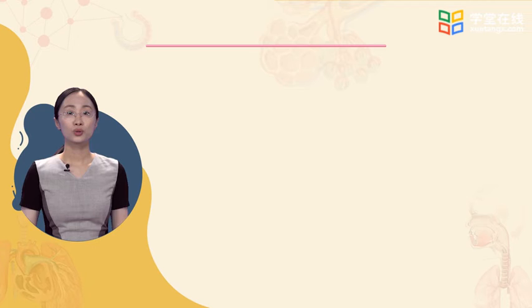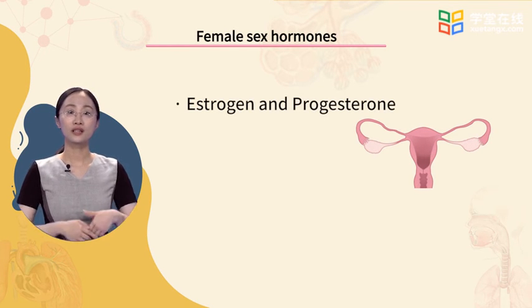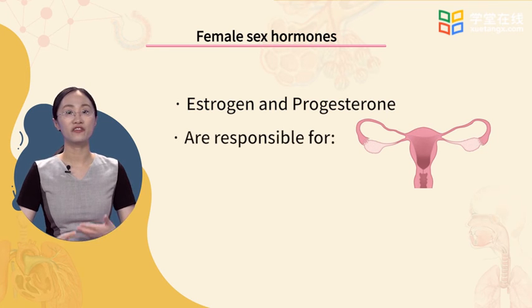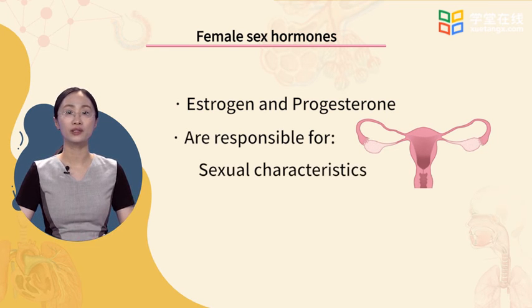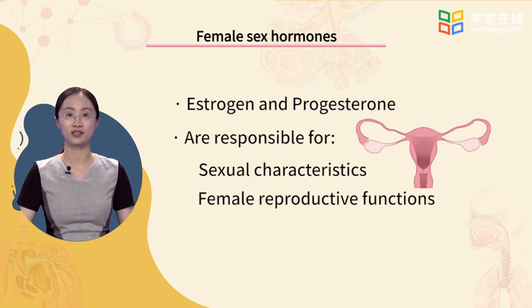Next, we would like to talk about the female sex hormones which are secreted during follicle development. While only one hormone, testosterone, dominates and generates the primary and secondary characteristics in males, two major hormones, estrogen and progesterone, together are responsible for development of sexual characteristics and maintenance of female reproductive functions.